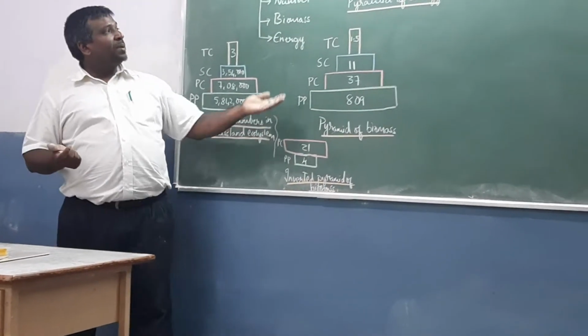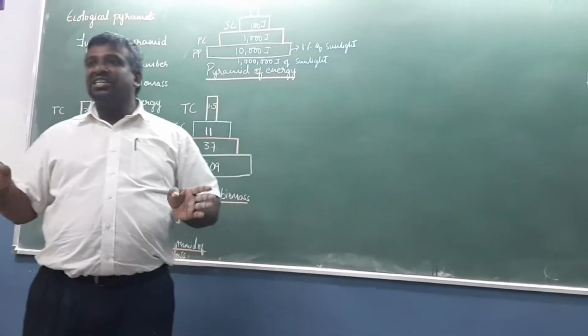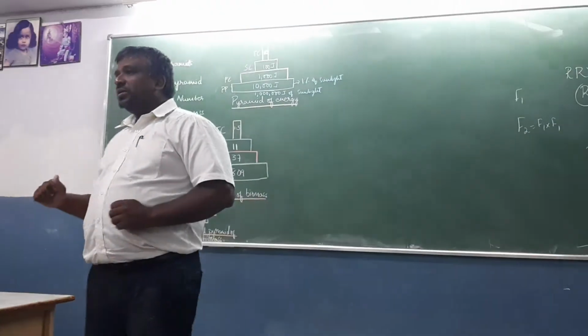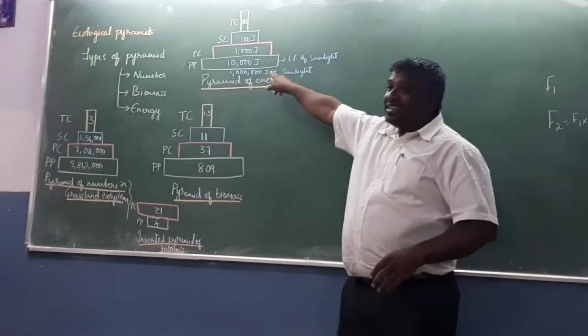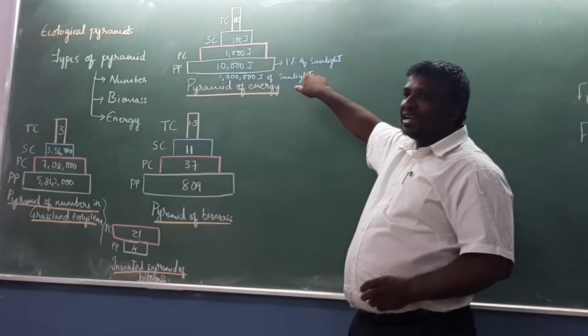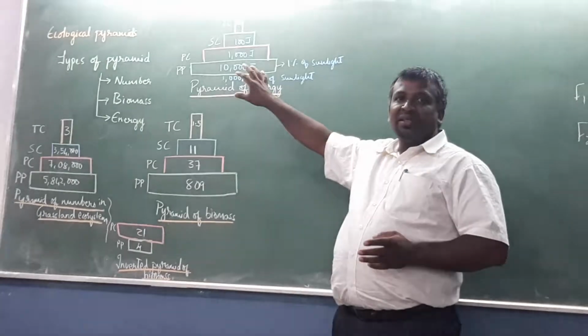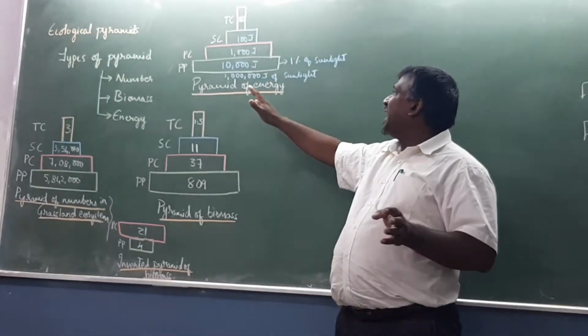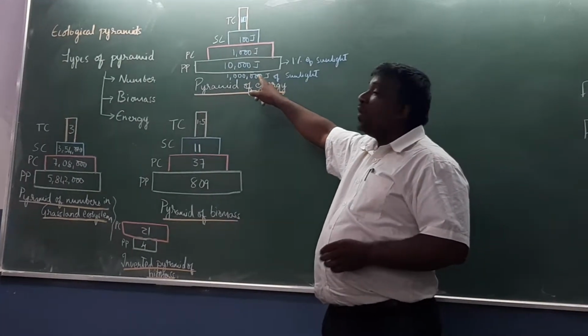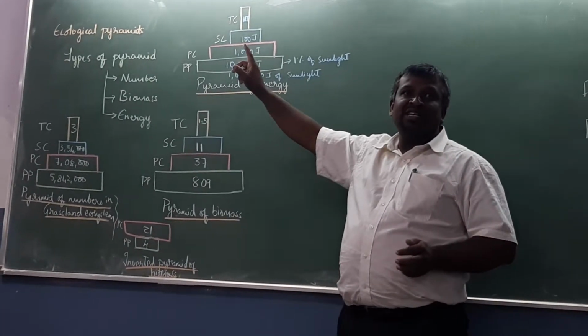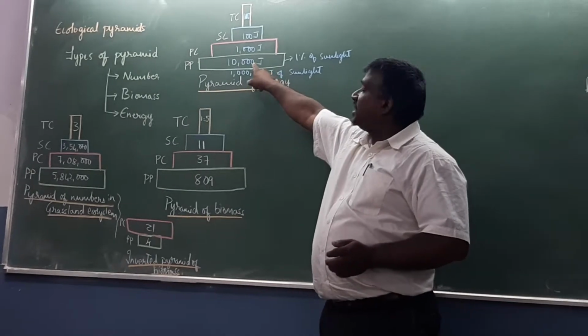Now, the pyramid of energy we have already studied in energy flow. Out of 10 lakh joules of sunlight, joules being the unit of energy available to a plant, the primary producer utilizes only 1%, that is 10,000 joules.